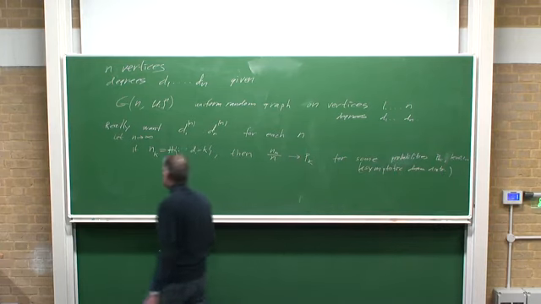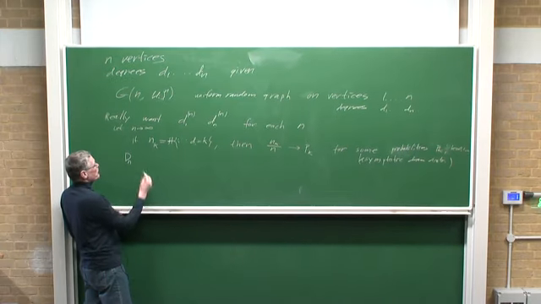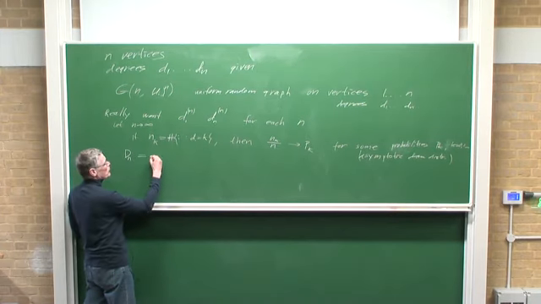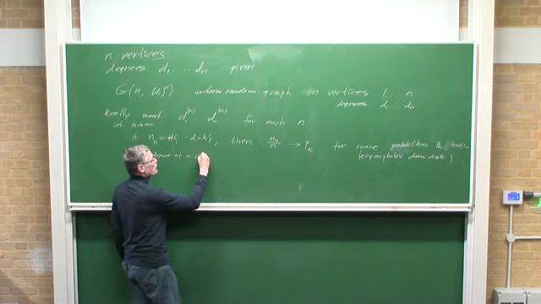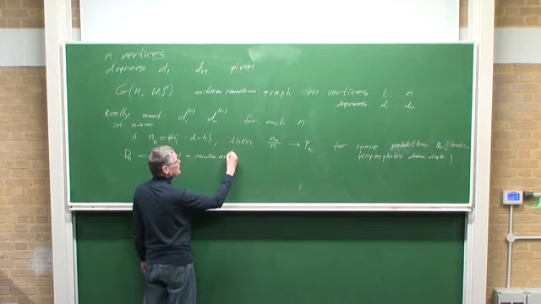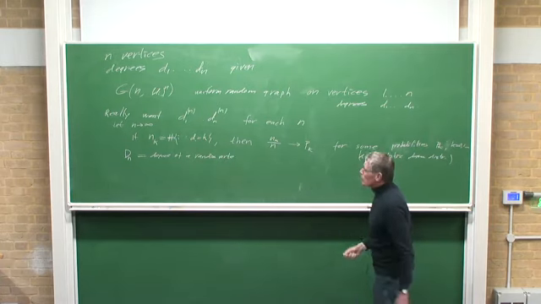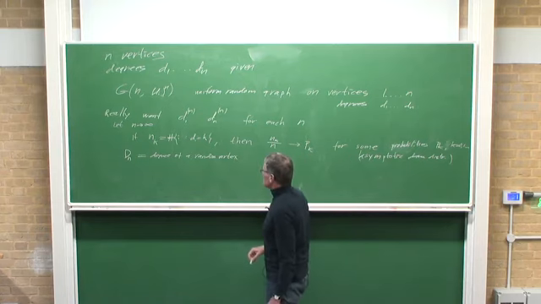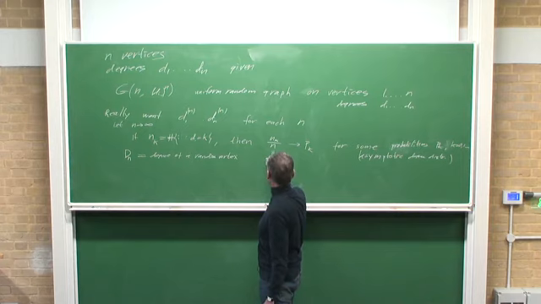And I find it useful to have notation here: Dn, capital D, for a random variable. This is defined as the degree of a random vertex. So I pick one of the n vertices at random and look at its degree. So it's just picking one of these numbers, d1 up to dn, with equal probability. And then this thing here is precisely the probability that Dn is equal to k.